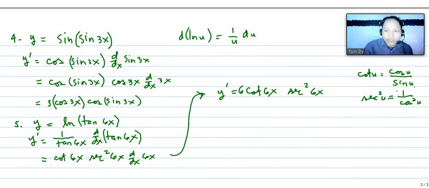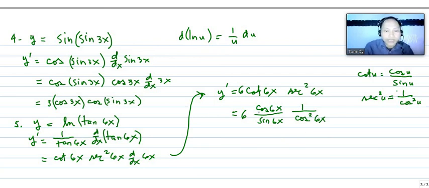So we will write this one 6. Instead of cotangent 6x, we will write cosine 6x over sine 6x. And then secant is 1 over cosine, 1 over cosine squared 6x.